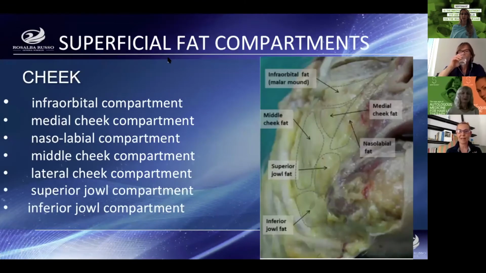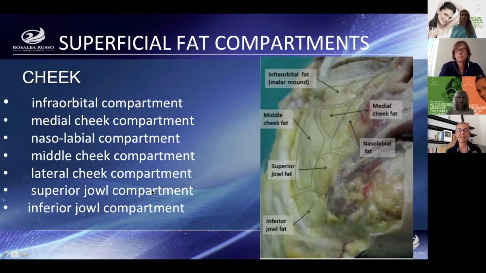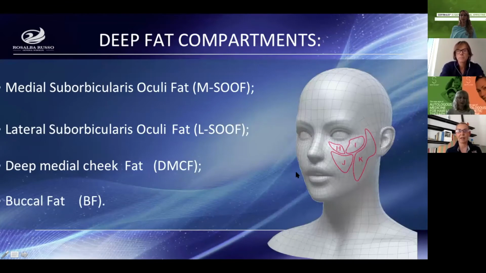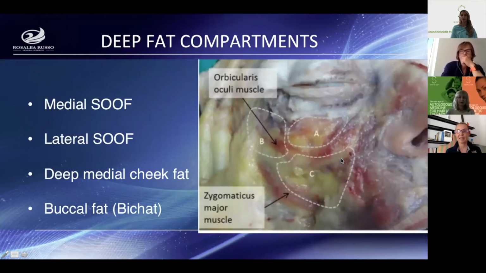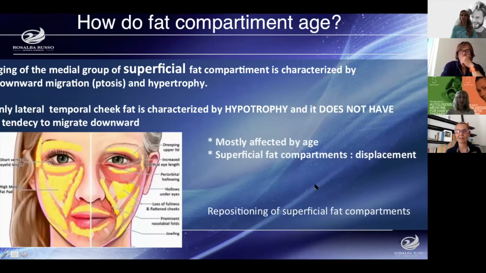Superficial fat compartments are the infraorbital, medial, and lateral cheek fat compartments, middle, and superior and inferior jaw. Here you can see it on the cadaver. The deep fat compartments are the medial SOOF, the lateral SOOF, and the deep medial cheek fat, and at the end, the buccal fat. Here you can see the same on the cadaver.